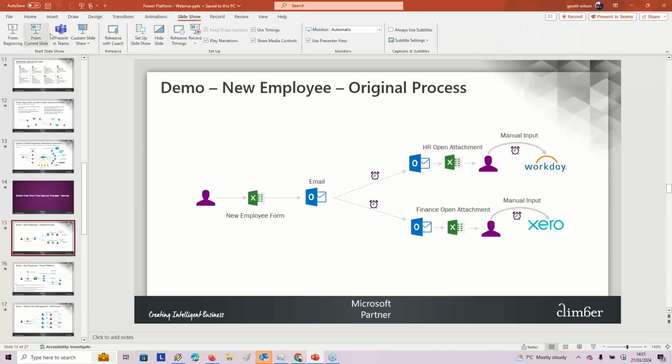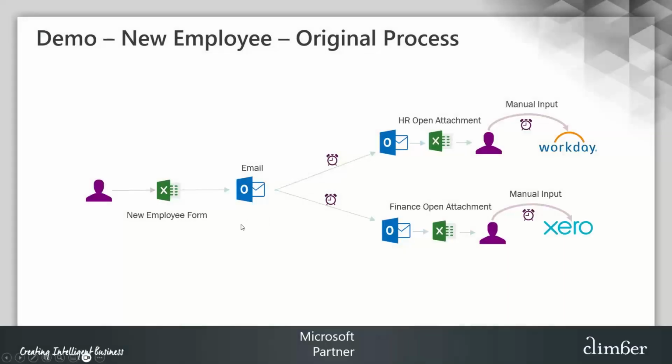No problem. I think this first slide here, no one saw that one. Okay. Yeah. So I briefly talked through it. New employee process. An Excel file is sent to the new employee. They fill that out and then email it to the HR and the finance department to get their pay information and their HR information into the core systems. Manual process takes a long time.